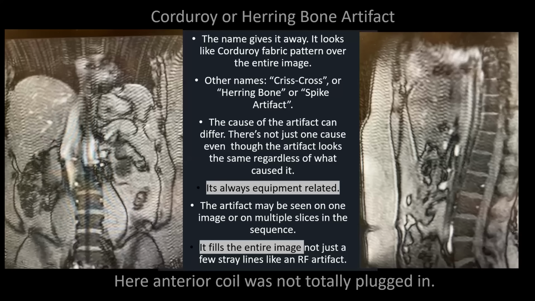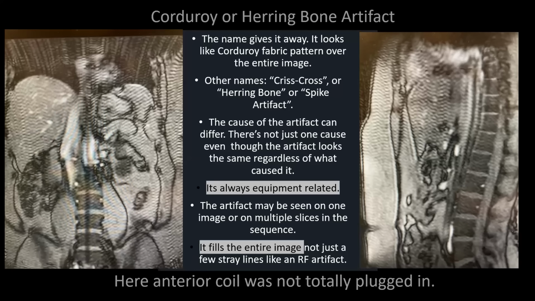I did this just the other day, and I said, oh, this is a perfect example of herringbone, and my anterior coil wasn't plugged in well enough. So I scouted them. It was terrible. I went, ooh, okay. And I replugged the coil in, and notice that it's in the entire image. Even though it's worse in the front, the entire image gets affected.